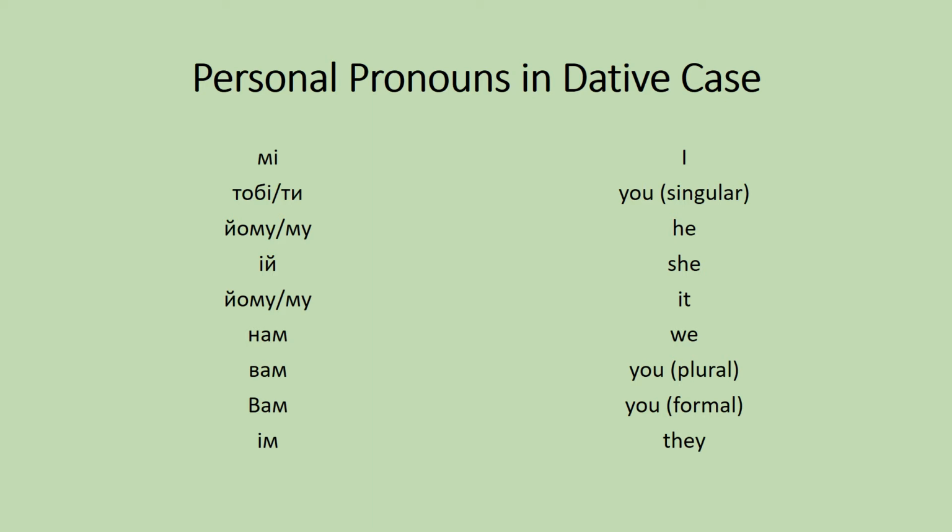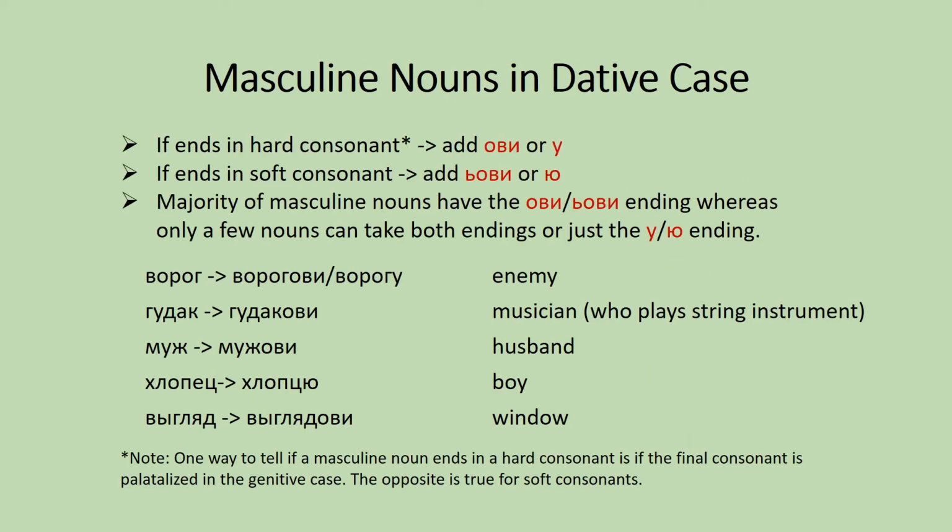To say you plural in the dative case, it is vam. To say you formal in the dative case, it is vam. To say they in the dative case, it is im.